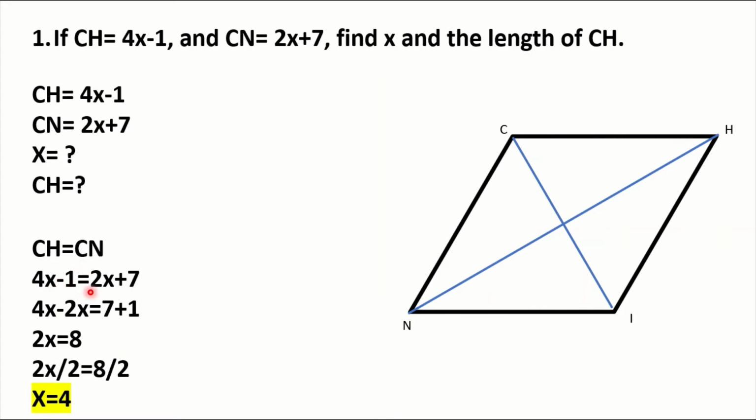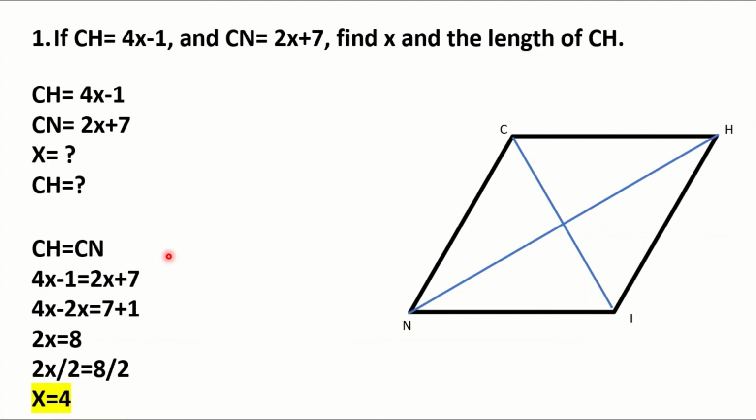So 4x minus 1 is equal to 2x plus 7. Then proceed tayo. 4x minus 2x is equal to 7 plus 1. Transposed by 2x sa left side. Then yung negative 1 to the right side. So combining like terms, 2x is equal to 8. Dividing both sides by 2, it will become 4.